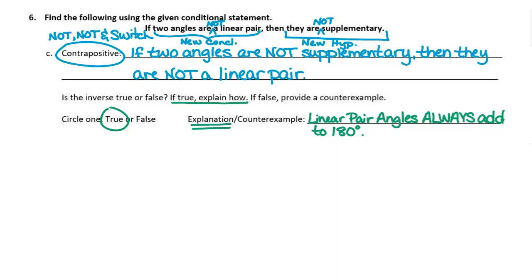And this is another one where I knew that this one was going to come out to be true before I even wrote it down, because my original conditional statement and my contrapositive will always have the same truth value. And my original conditional statement, if two angles are a linear pair, then they are supplementary. That is a true statement. So if that's true, the contrapositive has to be true. If it's false, the contrapositive has to be false.